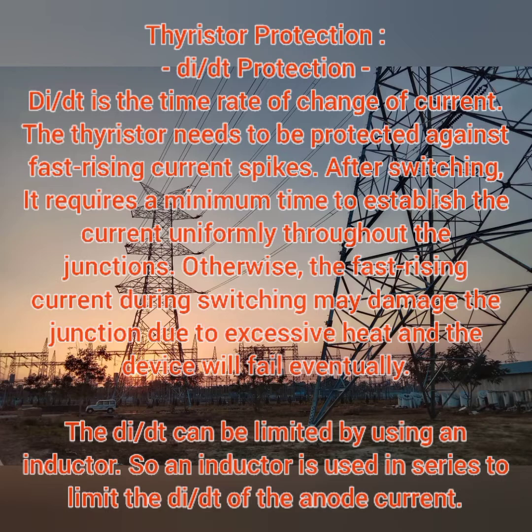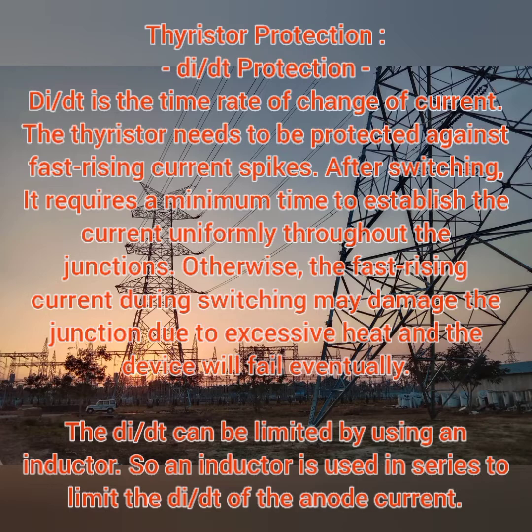After switching, it requires a minimum time to establish current uniformly through all of the junctions. Otherwise, the fast rising current during switching may damage the junctions, and may give excessive heat or a short circuit within the junction itself.